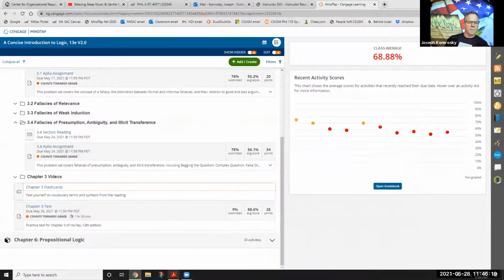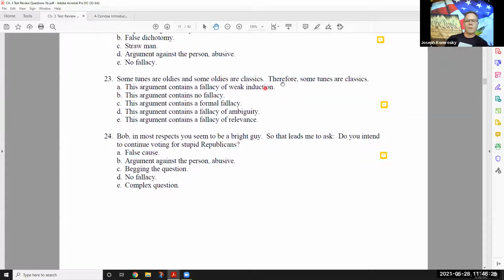But it does seem tricky. It does seem like it's possible that can follow, but it says, therefore, some tunes are. It sounds like a very strong claim. And due to that structure, it might be possible, but we can't say with certainty that it is. So formal has to do with the structure.